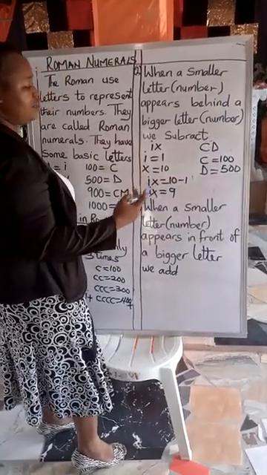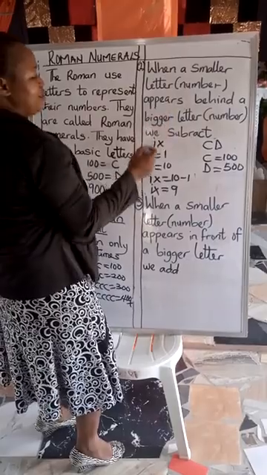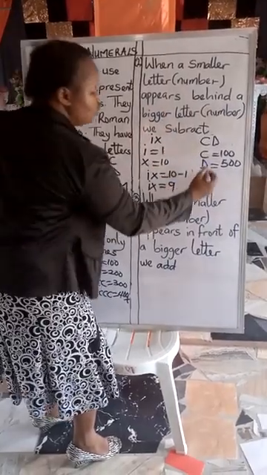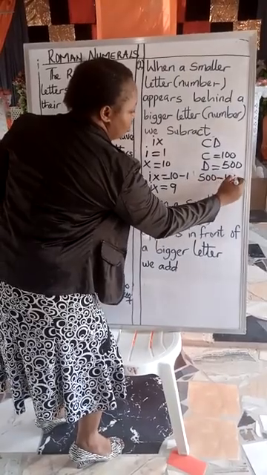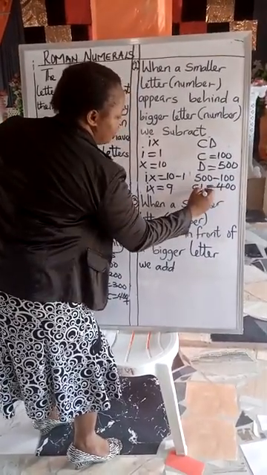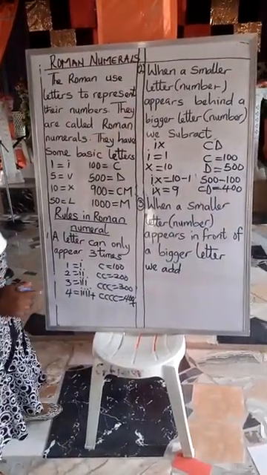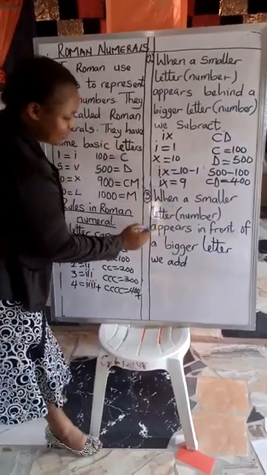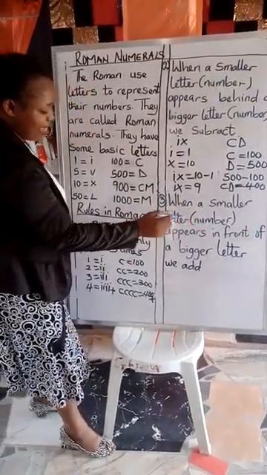So the rule says when we have a smaller letter that appears behind a bigger letter, we subtract. So you subtract 500 minus 100, and this will give you 400. So CD is 400.